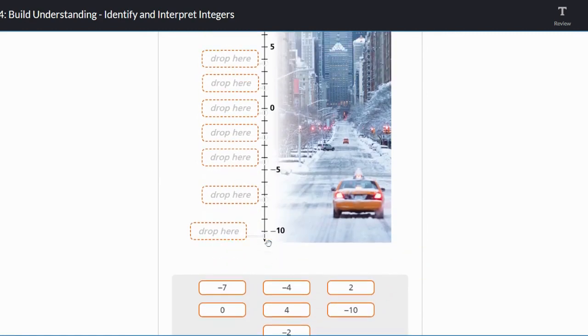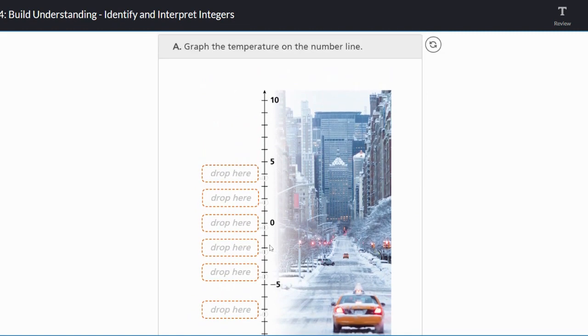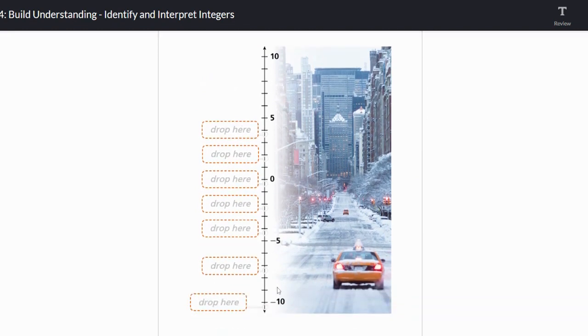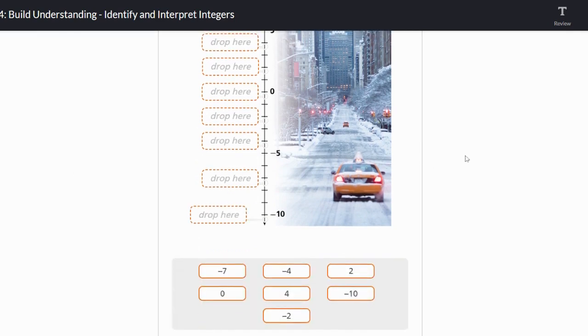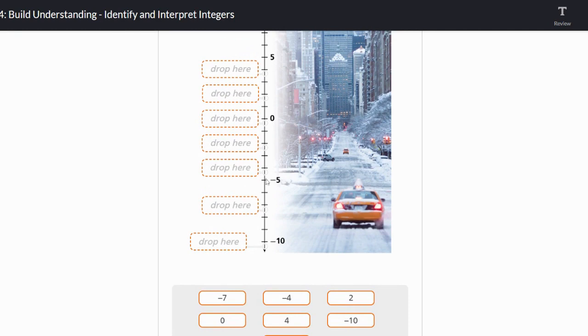I need to find where these integers fall on this number line. Now notice this number line is going up and down. They do not have to always go sideways. So if I have 0 here, and then I have 1, 2, 3, 4, 5.